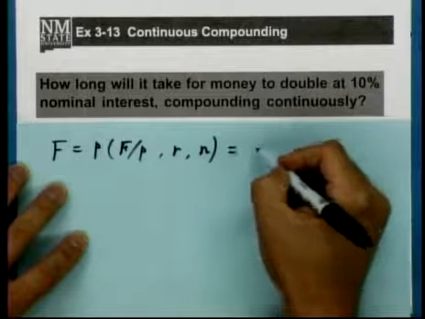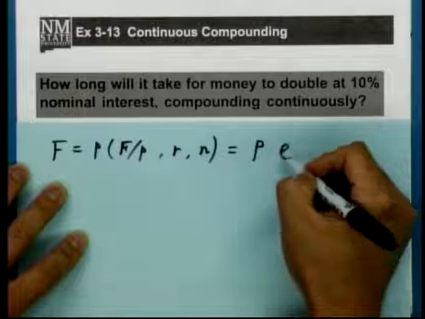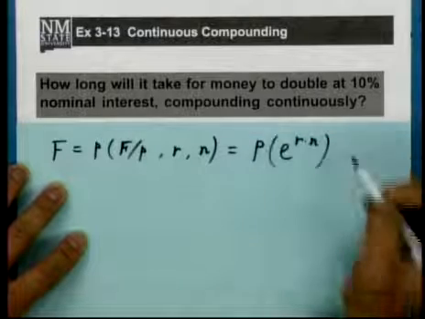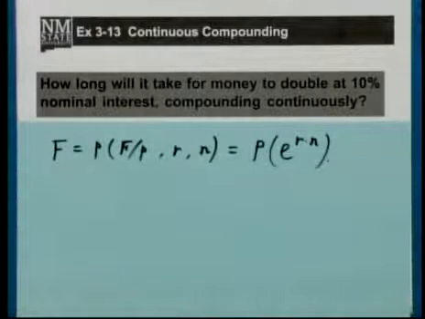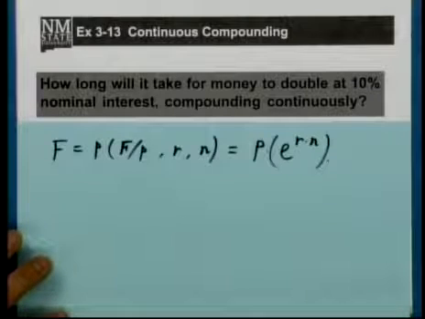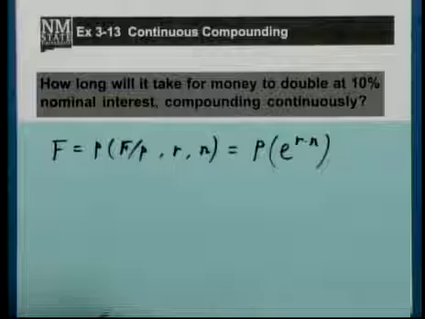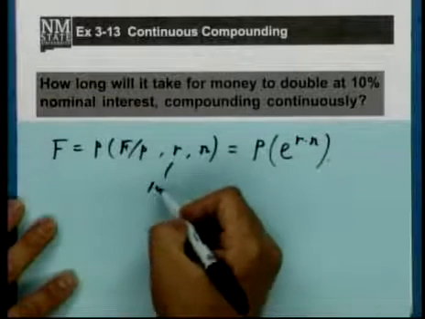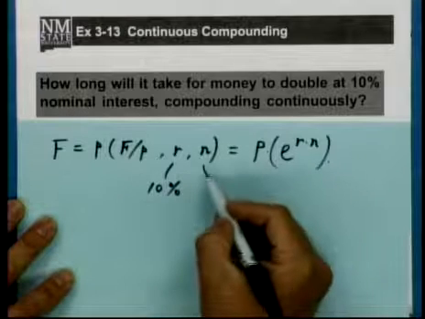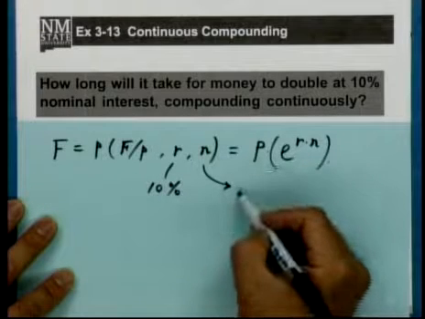Which is the same as P times e to the power R times N, right? So here, the nominal interest rate is 10%. So here R is 10%. And N is unknown, right? N is unknown.